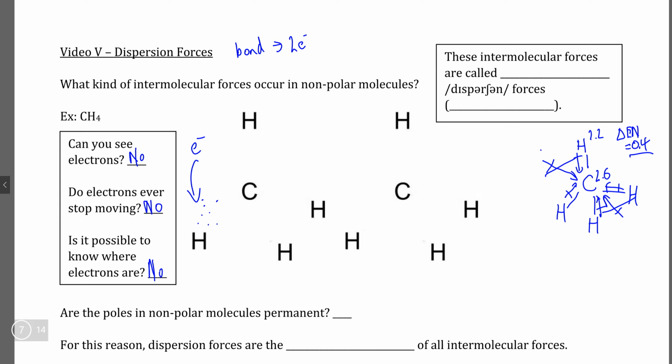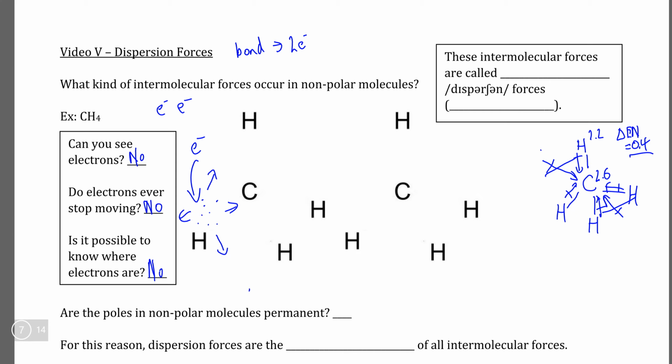Now, are the electrons going to stay in this bottom corner of the molecule? No, obviously not, because electrons have the same charge, which means they're going to repel each other and scatter in different directions.